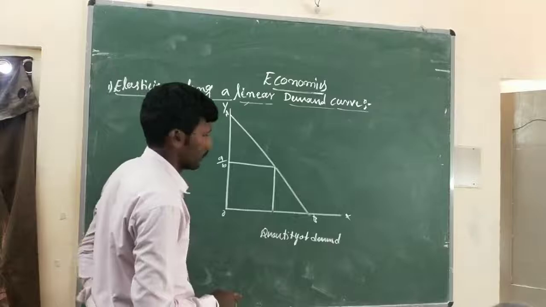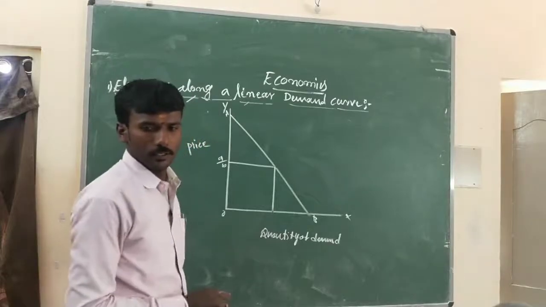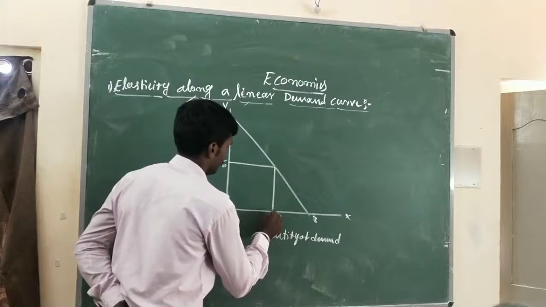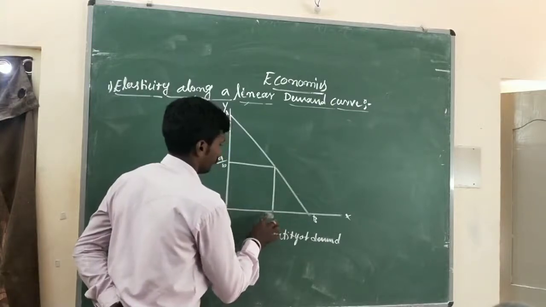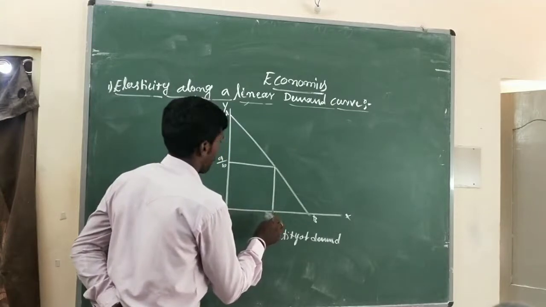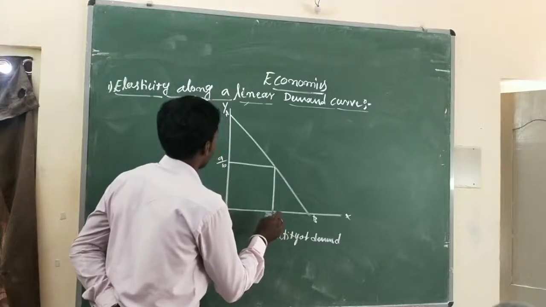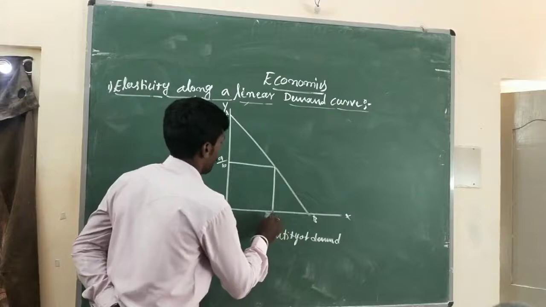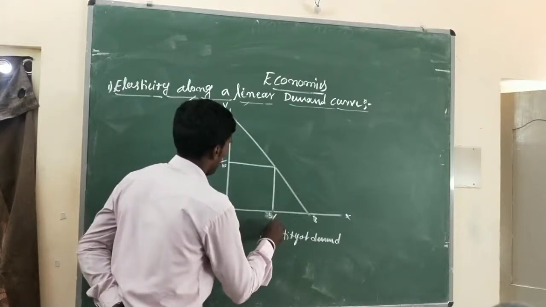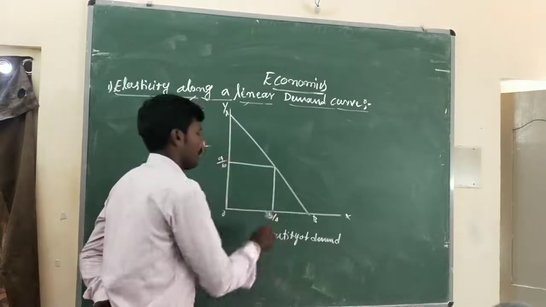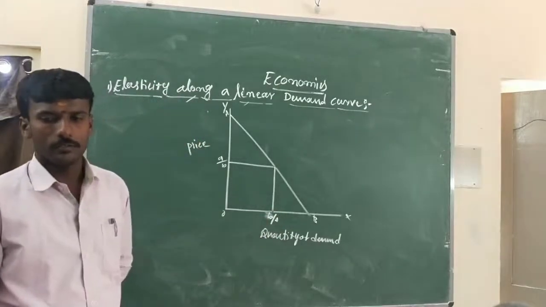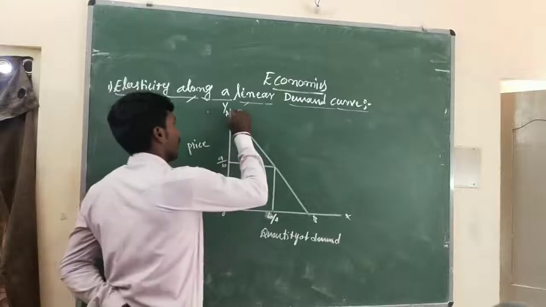So this side, B bar A. Then let us consider now some points on this line.